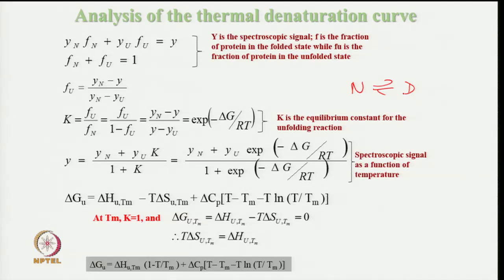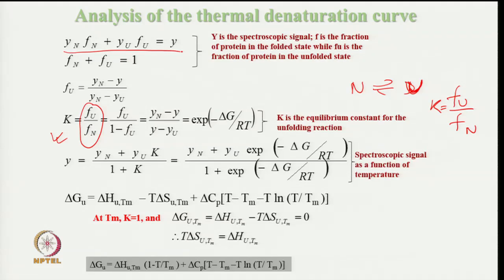The equilibrium constant of this process, let us write N to U, can be determined by taking the fraction of unfolded form by the fraction of native form, and these fractions can be calculated from fluorescence intensity.